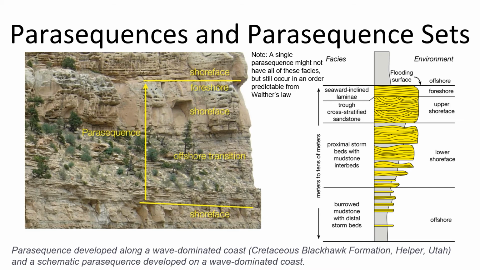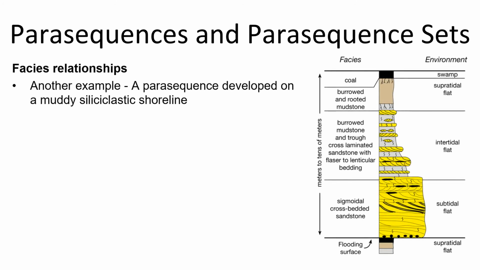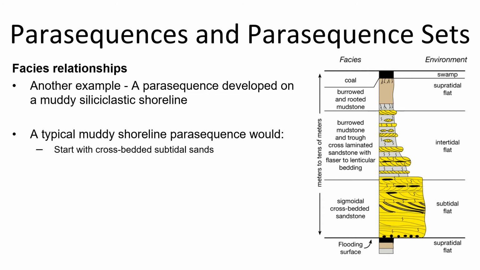Now, let's look at another example, in this case, a muddy siliciclastic shoreline. So here's our schematic for it, our model. A muddy shoreline parasequence, siliciclastic mud-based shoreline, you'd start out with cross-bedded subtidal sands, kind of sigmoidal cross-bedded sandstones.